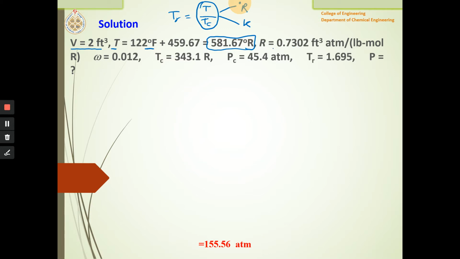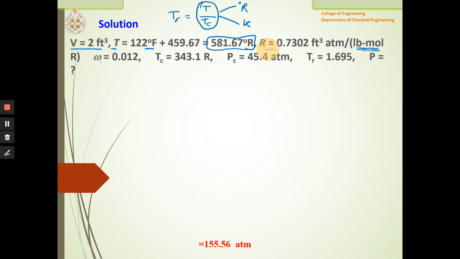Then I brought the R value, and you will see later on that you will need it. Since the number of moles is given in pound mole and the volume in cubic feet, you choose the suitable R value based on the given units.